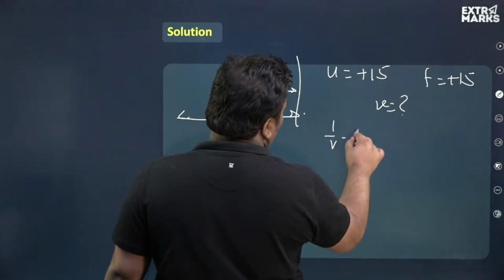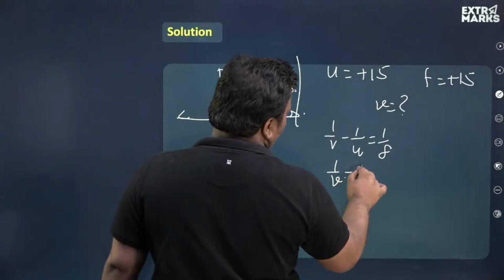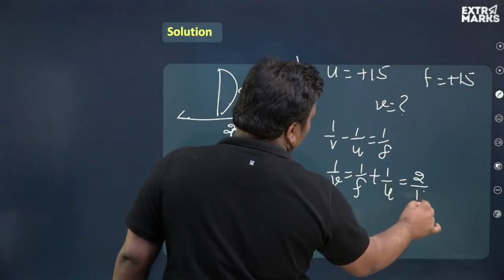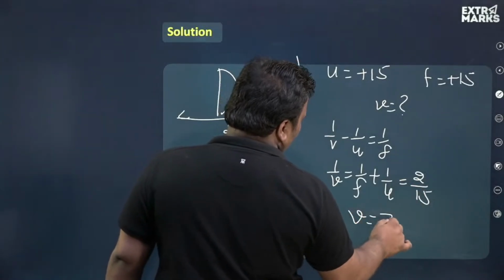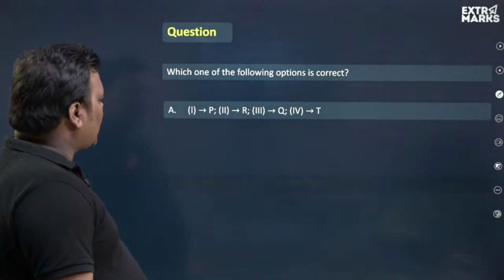1 by V minus 1 by U is equal to 1 by F. 1 by V is equal to 1 by F plus 1 by U. That means 2 by 15. V is equal to 7.5 centimeter. What are the options?